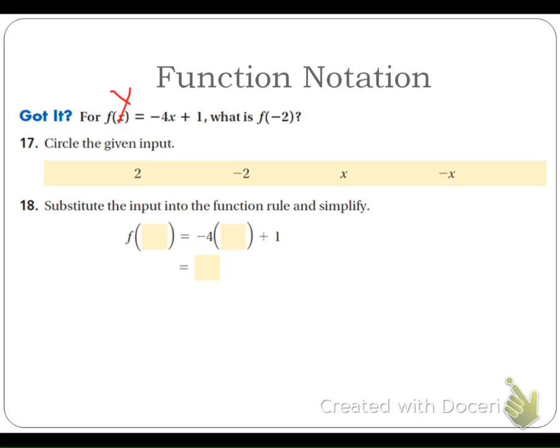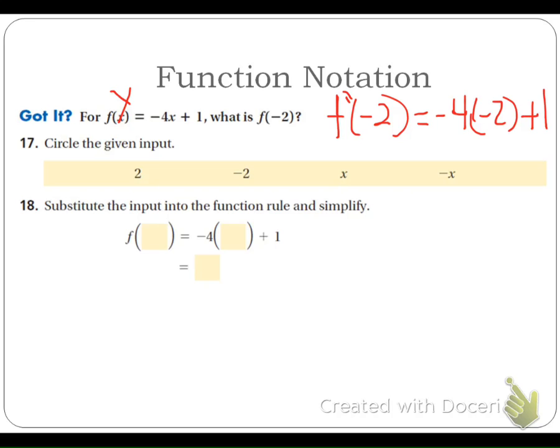Watch what I'll do here. So I'll say f of negative 2. That's saying I'm going to replace all my x values with negative 2. So on the other side of the equation, I'll write negative 4 times negative 2, I replace that x with negative 2, plus 1.